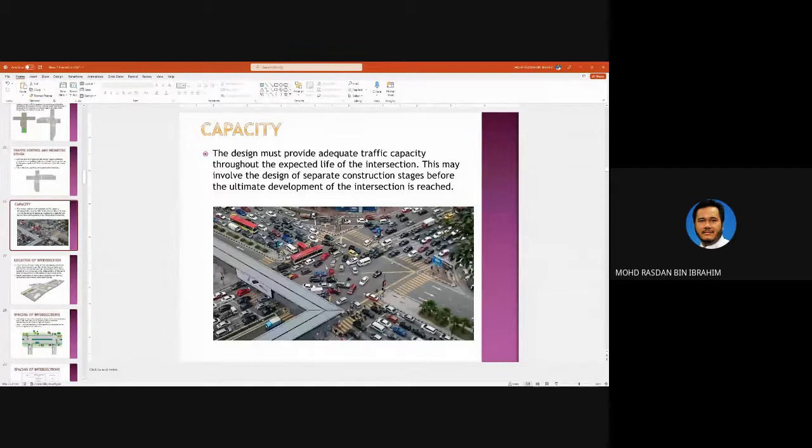For example, you estimate the AADT, the movement volume at one particular intersection in 5 years, is going to be X. So you design that intersection to be sufficient for year X.